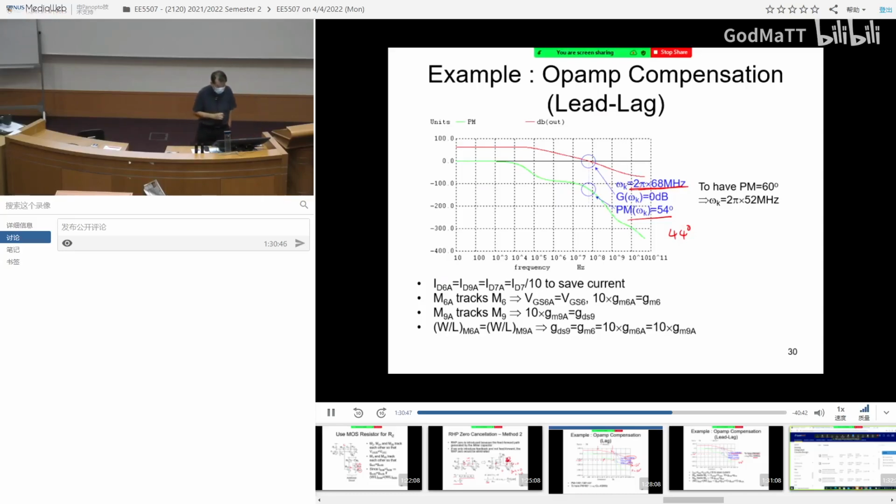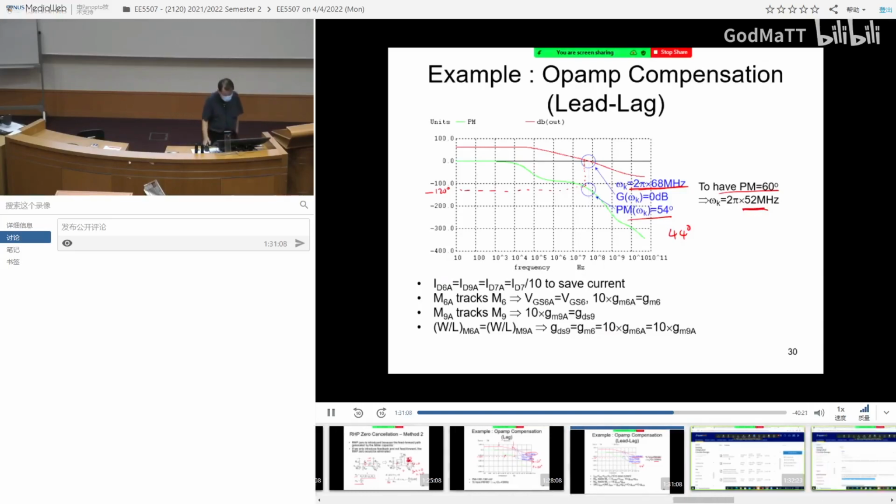Now, if we are not happy with this and we want a phase margin of 60 degree, same thing. Let's look at minus 120 degree. What is the corresponding frequency? We find that the frequency that gives 120 degree phase shift is 52 megahertz.